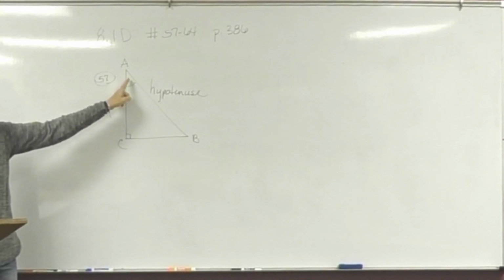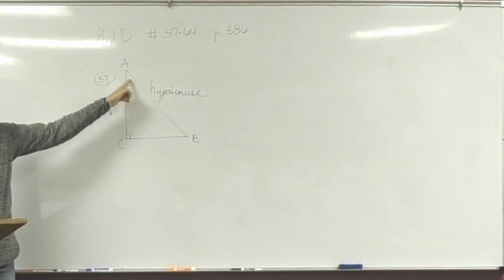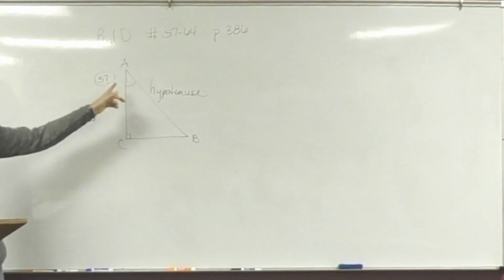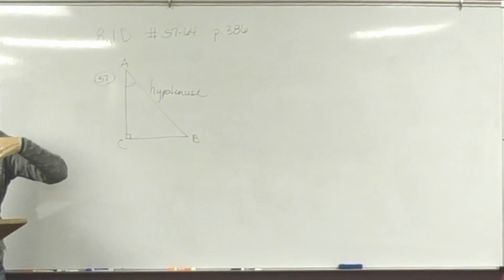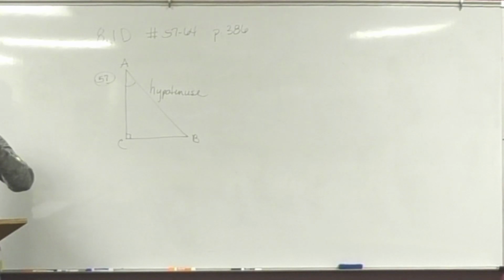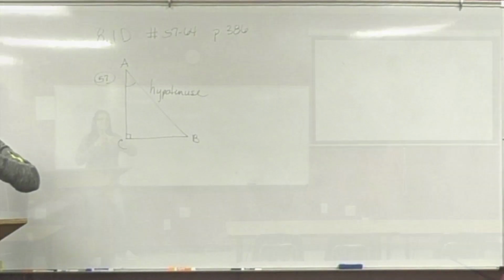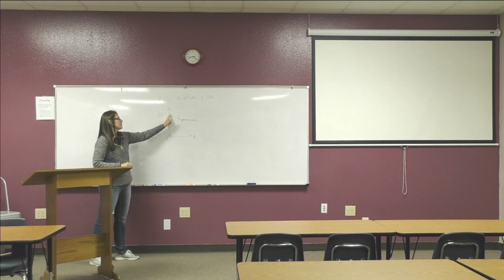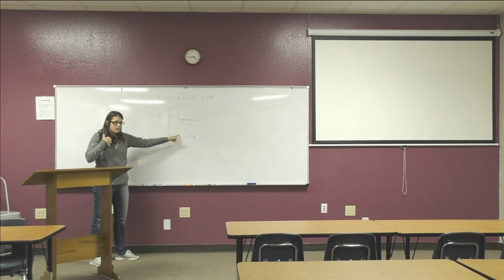Okay, so angle A is our reference angle. So I go opposite first. Okay, so you can do whatever you want, but this is the path that I take every time. I find the hypotenuse first because it's the easiest one. It's the one that never changes location. Okay, and then from A, I do opposite next.